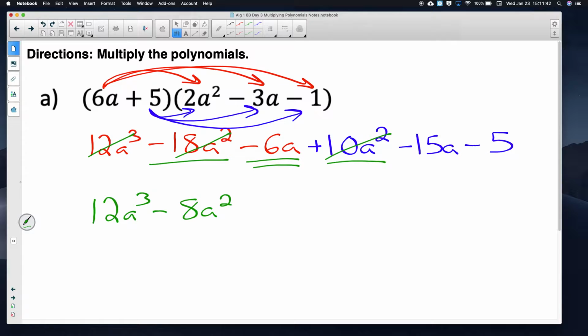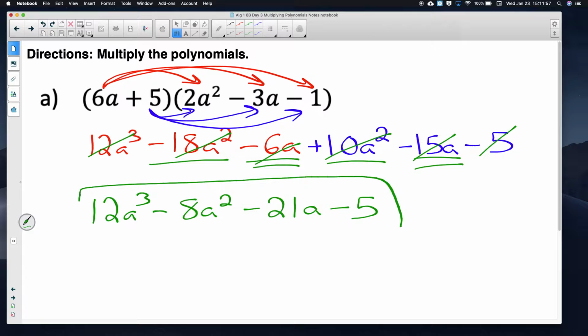I got minus 6a minus 15a. So negative 6a minus 15a is going to give me minus 21a. And then last but not least, I've got this minus 5. And that takes care of all the combining like terms. My final answer is in descending order. It's the standard form of a polynomial. We are good to go.